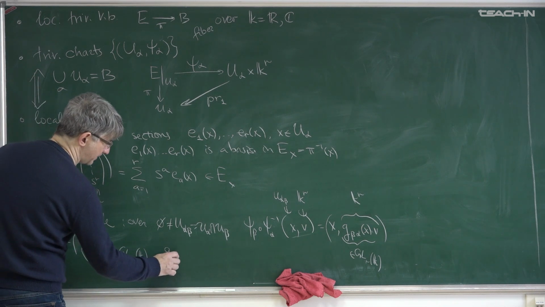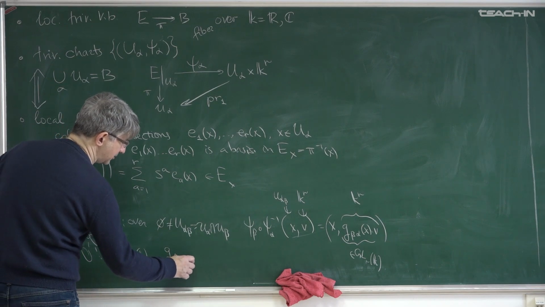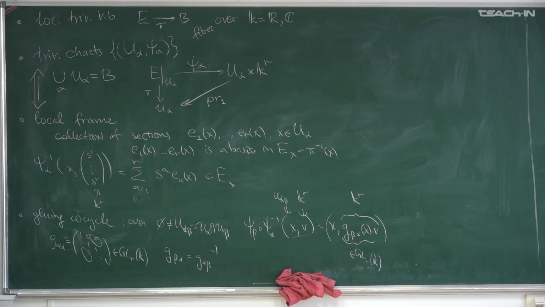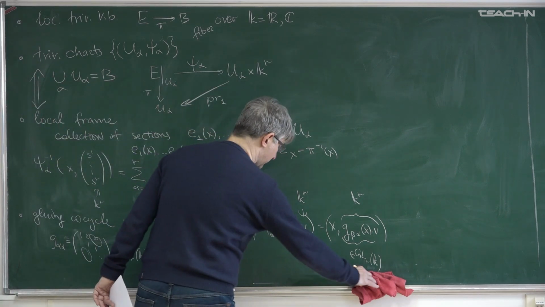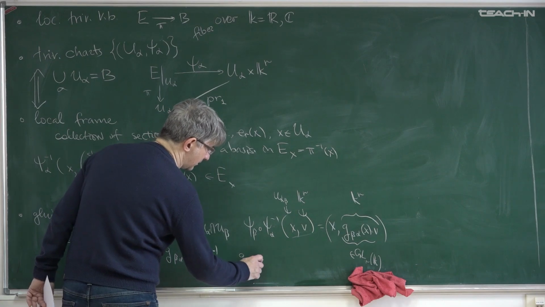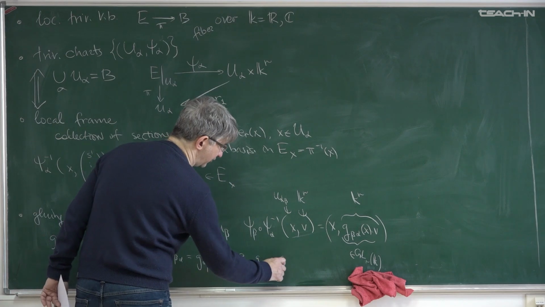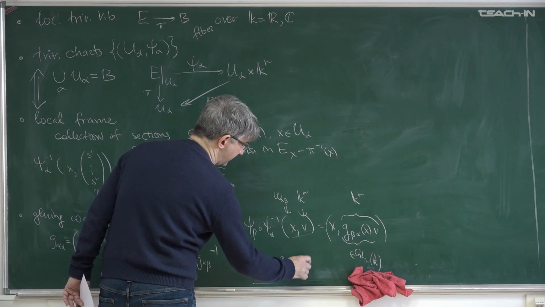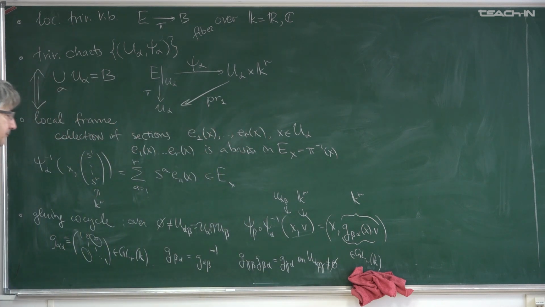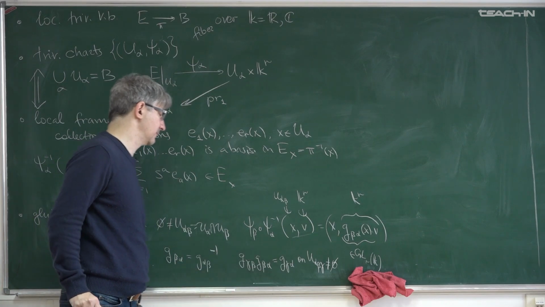If you consider g beta alpha and g alpha beta, then at each point they are inverse to one another. And finally we have g gamma beta times g beta alpha, and this is equal to g gamma alpha on U alpha beta gamma, provided it's not empty. So on a non-empty intersection of three open sets, three trivializing charts, we see this condition.